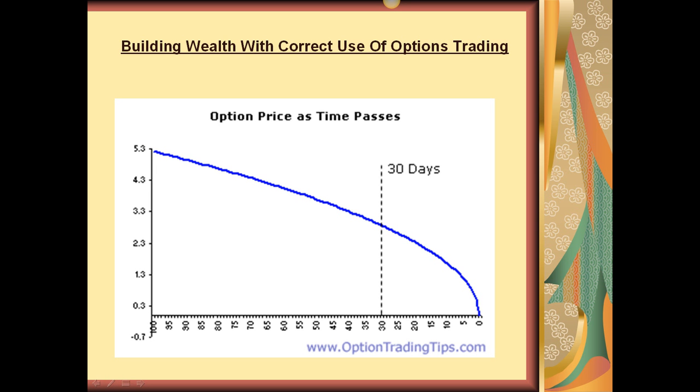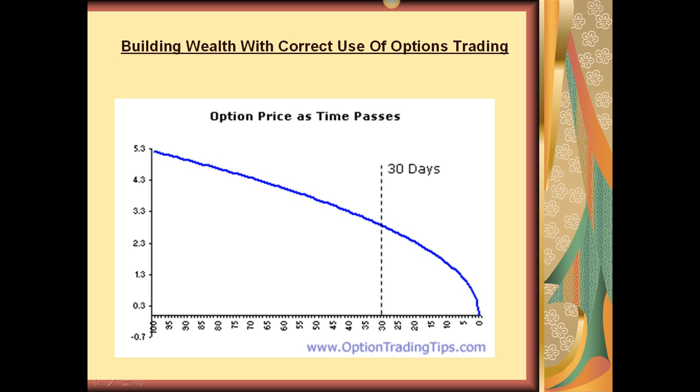A steady declining trend, and then in the last 30 days of the option it begins to take an even steeper decline, an exponential curve to the downside. So the point of this is that when we are buying an option, we would tend to avoid staying with the option in the last 30 days of its lifetime, if possible.